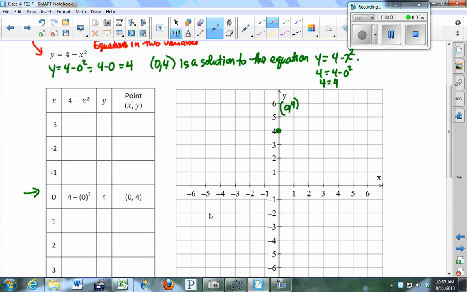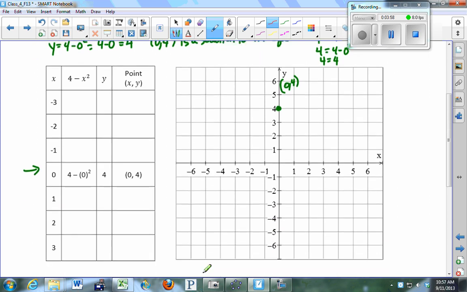Okay. So if we were doing this with the point plotting method, we would take each value of x and substitute it where we see the x. We would take x equals -3 in this case, and substitute it where we see the x. The thing you have to remember is that because x is negative, it must be in parentheses, because -3 times -3 is very different.